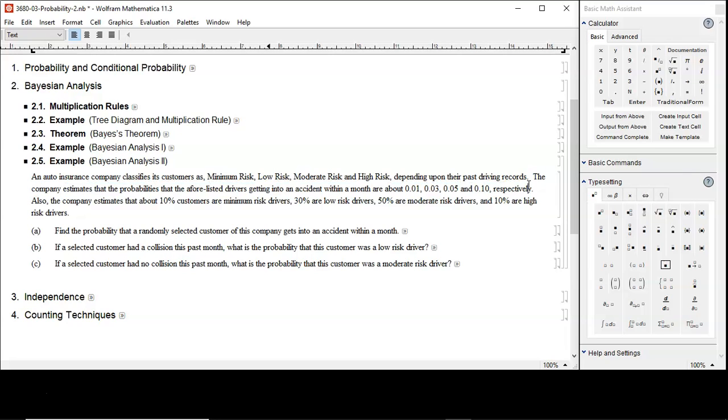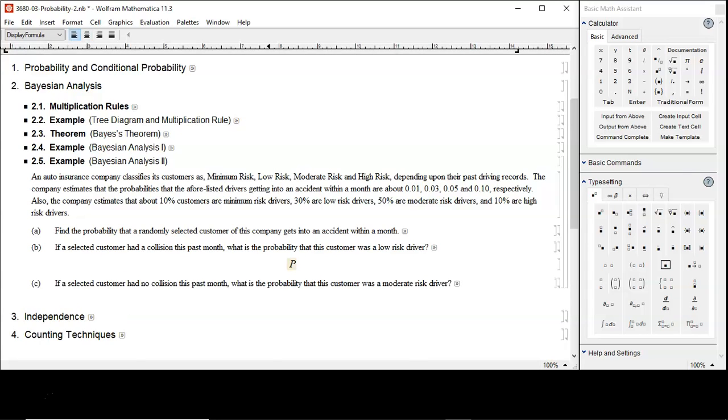These are conditional probabilities, but conditions were minimum, low, moderate risk, and high risk. Those are conditions. Now, condition and the other were reversed. Now condition is collision. Had an accident, so probability of low-risk driver given an accident took place.